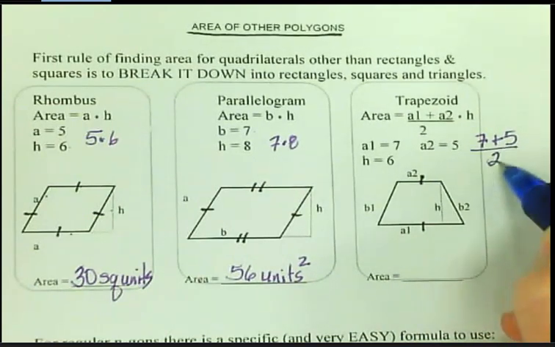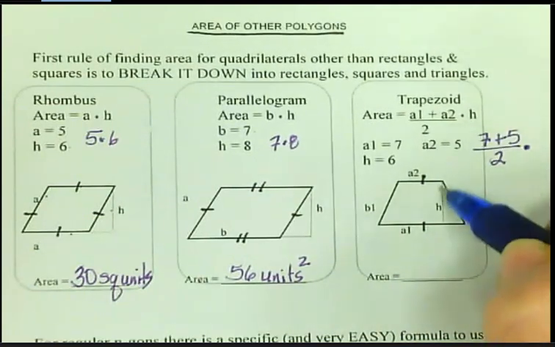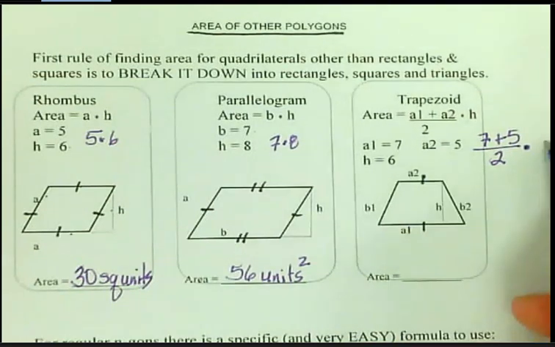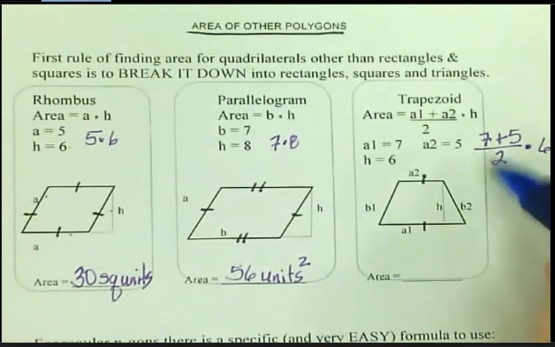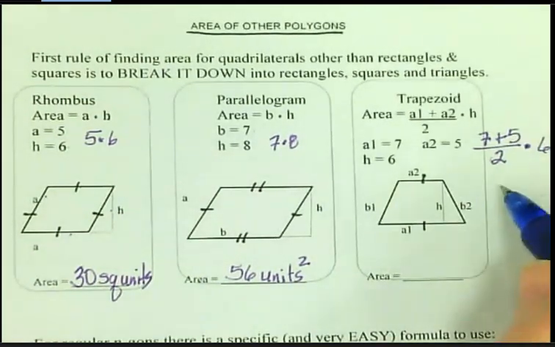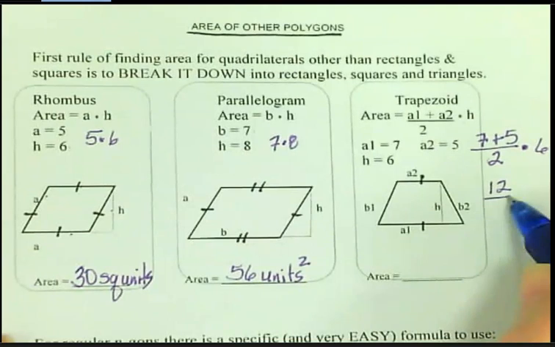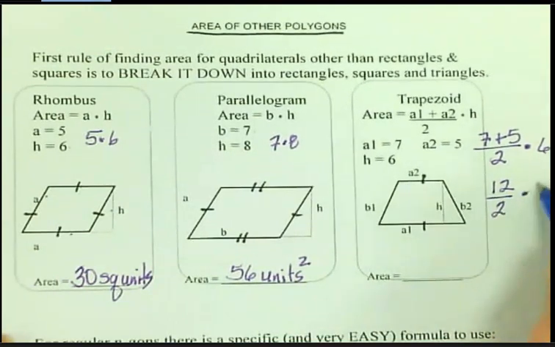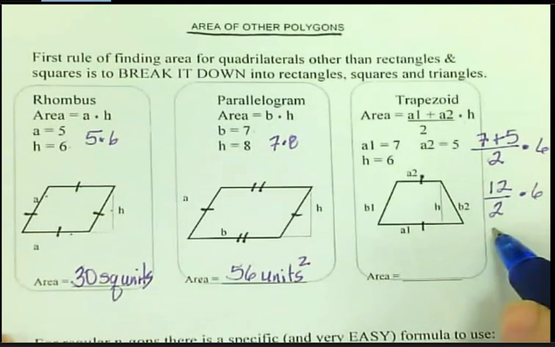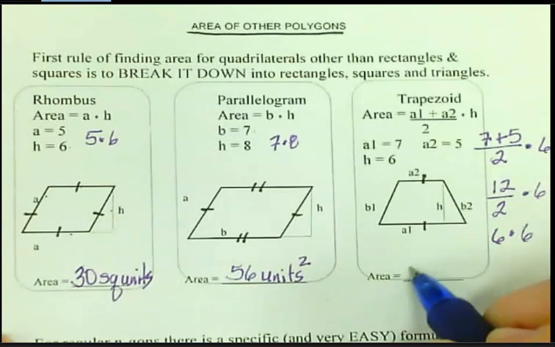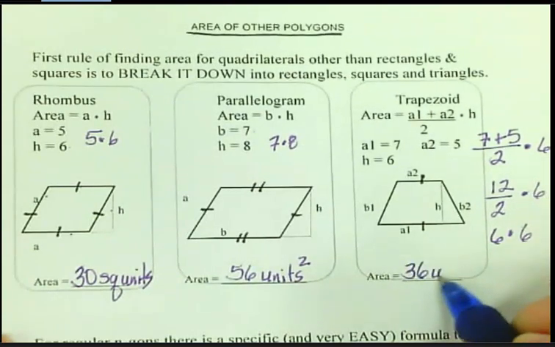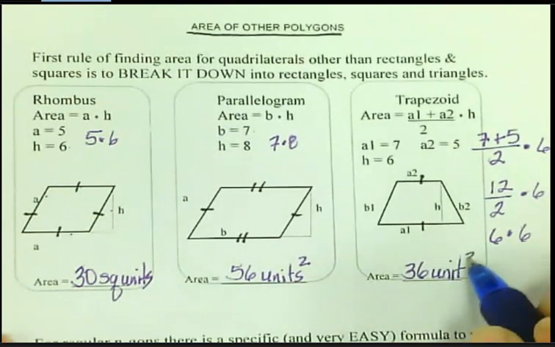I'm going to divide that by 2, and then multiply it by H, and it says the H is 6. Okay? All right. So 7 plus 5 is 12. And 12 divided by 2 is 6. And 6 times 6 is 36 square units.